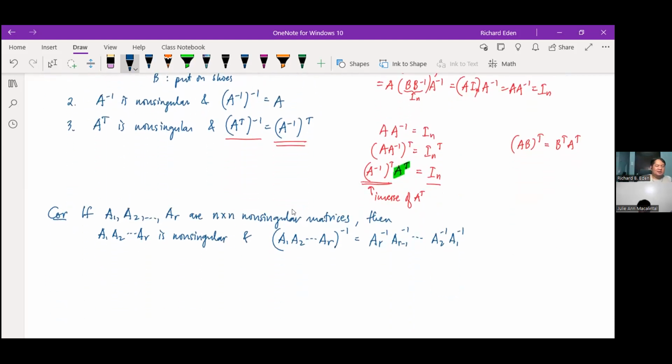Some remarks. If A and B are non-singular, does that imply A plus B is also non-singular? Or can A plus B possibly be singular?